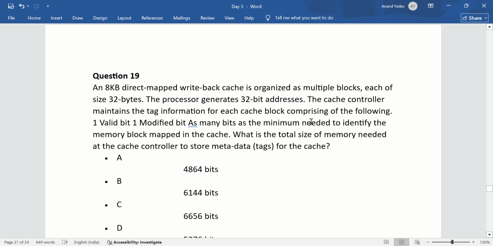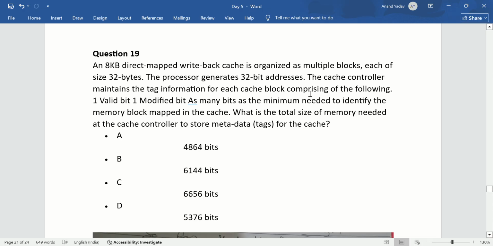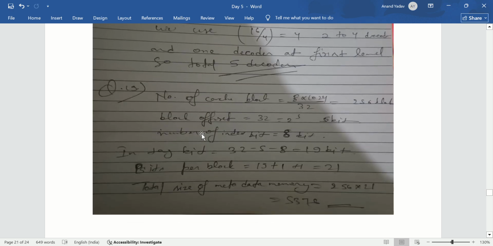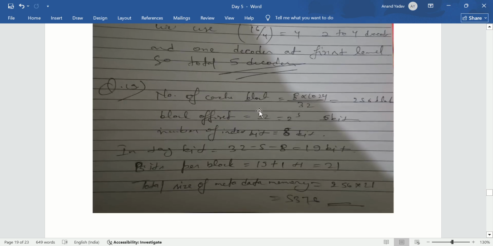Now the next one: an 8 KB direct map write-back cache is organized as multiple blocks, each of size 32 bytes. The processor generates a 32-bit address. The cache controller has one valid bit and one modified bit, as well as a tag to identify the memory block. What is the total size of memory needed at the cache controller? For this question I will solve this way.